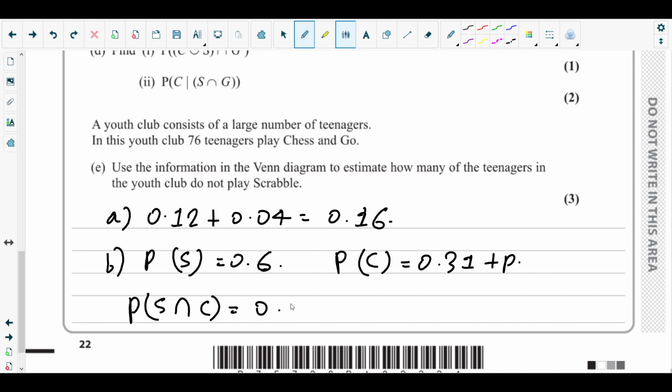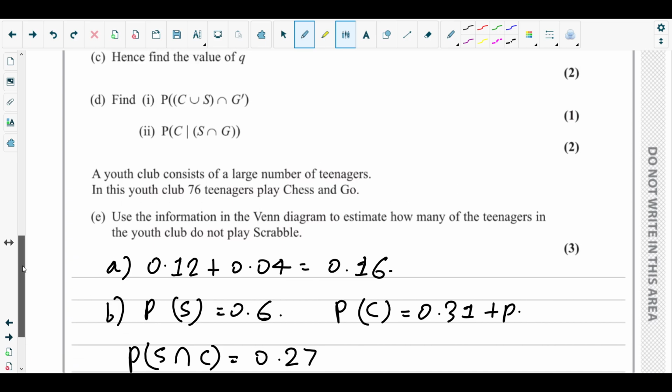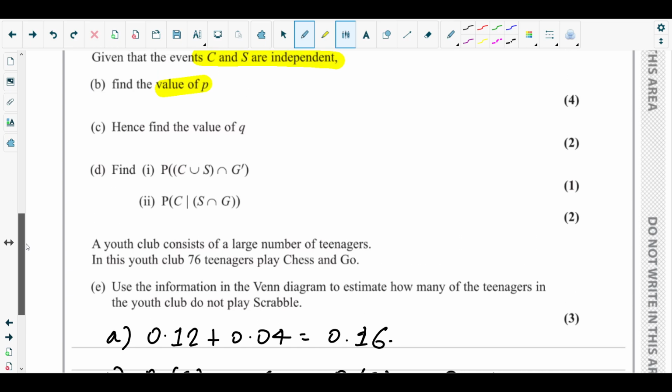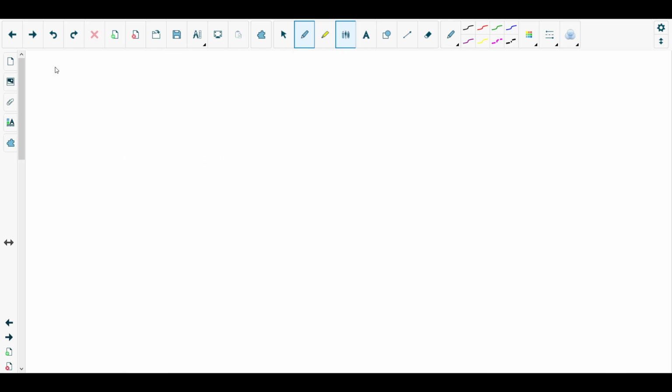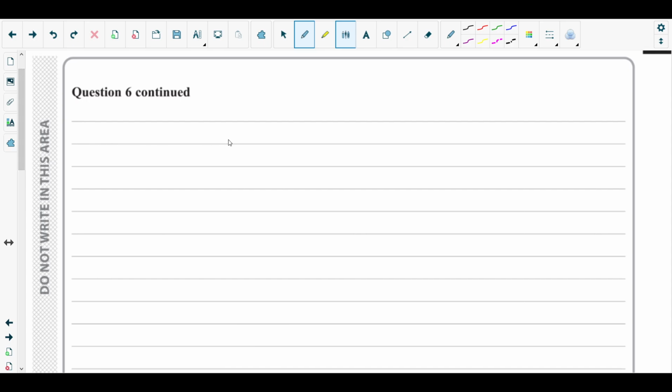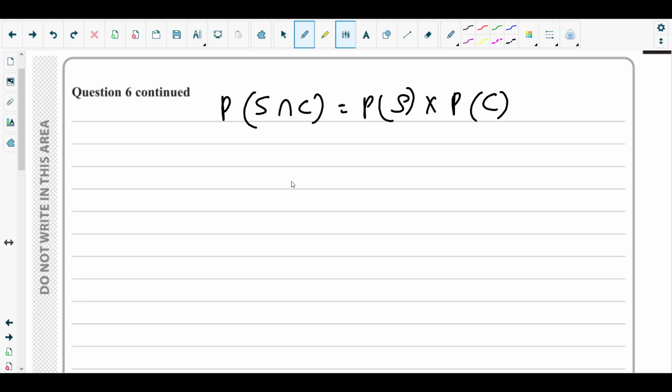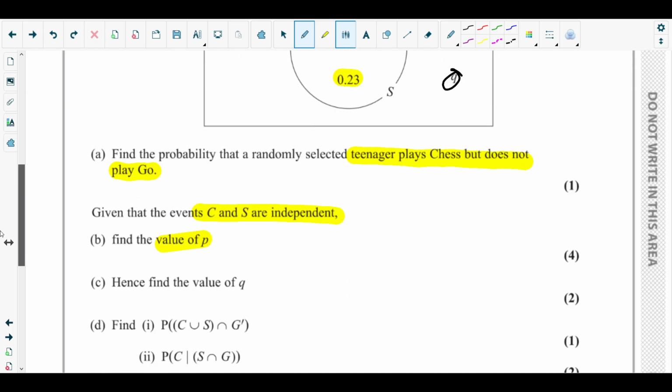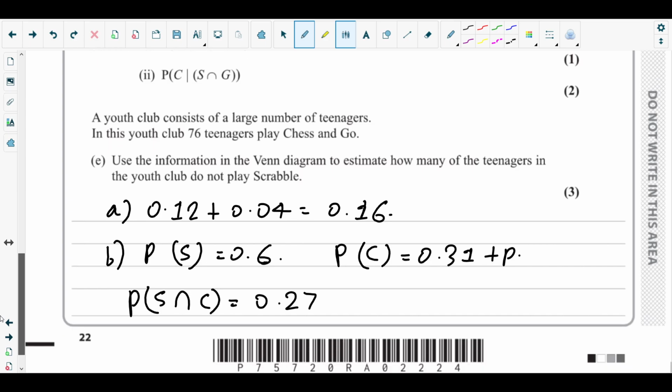Why am I finding these values? If you have gone through the concepts of chapter number 4, then you know that for independent events, the probability of S intersection C is the probability of S times the probability of C. The probability of S is 0.6.